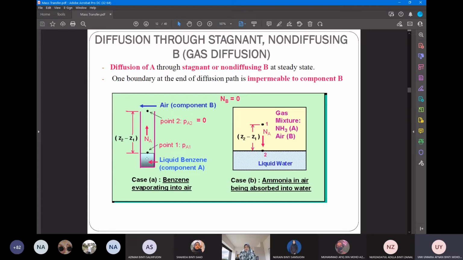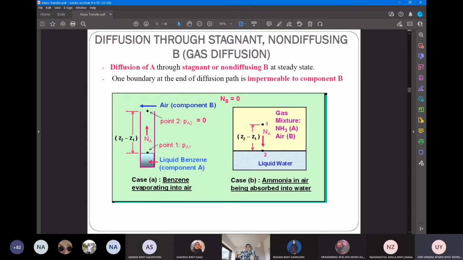Remember, when you talk about diffusion, you talk about two things. There are two things. One is about a single component. Next, you talk about two components or binary components. So you have A component, you have B component. If you have A and B, you're going to say it is a binary component.